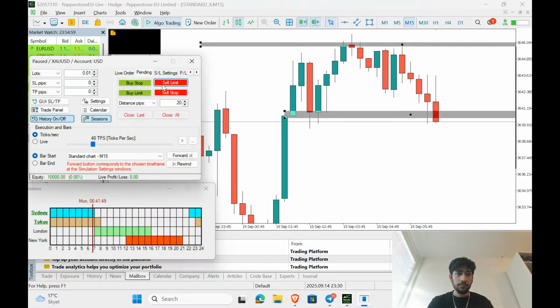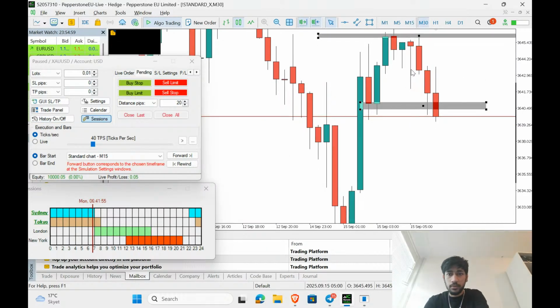Pending sell limit right over here. How do we do this? It's not like this. So M30, we are breaking below this low.